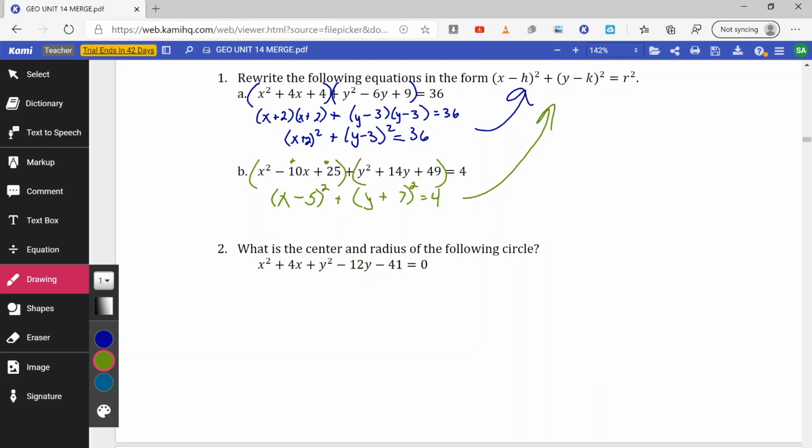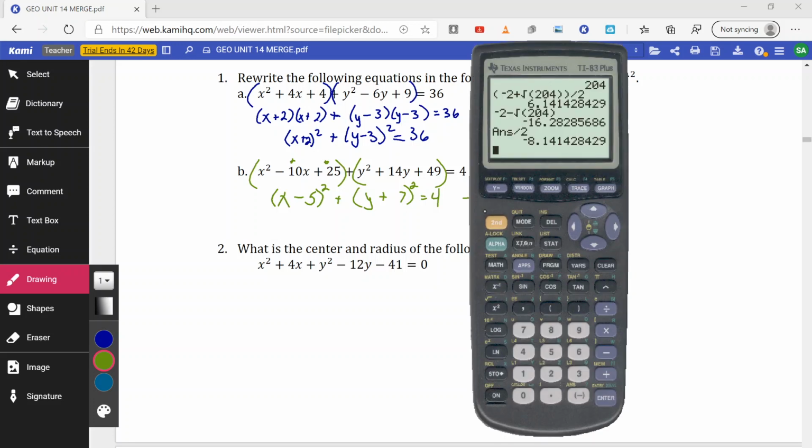Now, if I were to take the square root of 41, our process before said if I take the square root of our last number, 41, and then add it together, I'm supposed to get, in this case, 12. Well, 6.4 plus 6.4 is really 12.8, so that's not going to work.